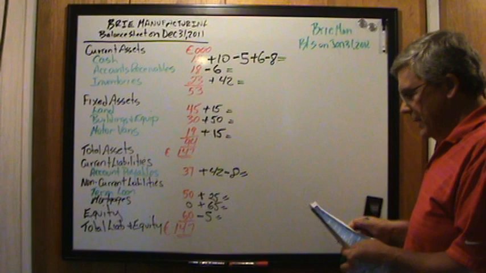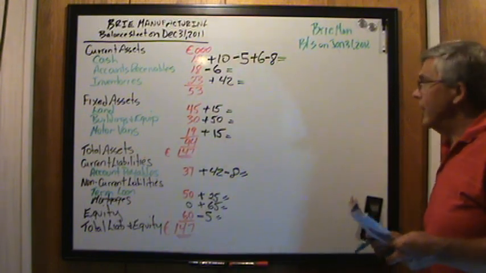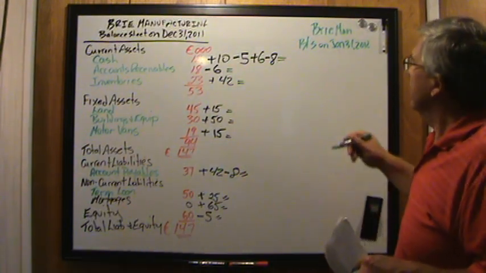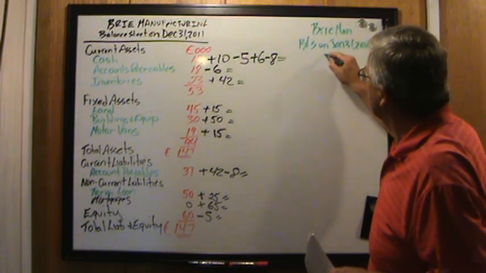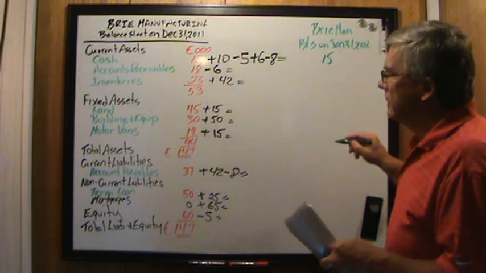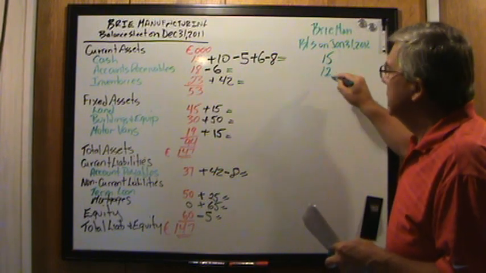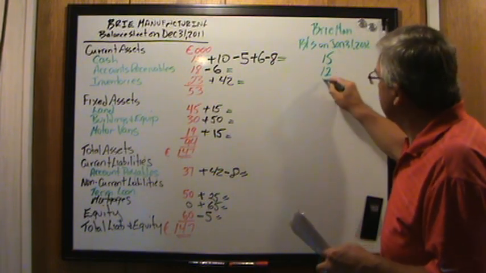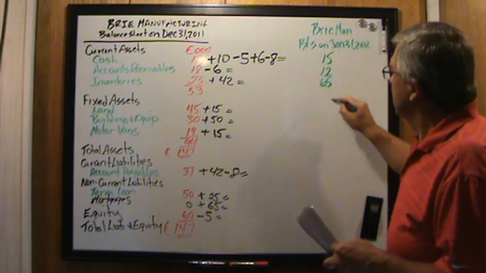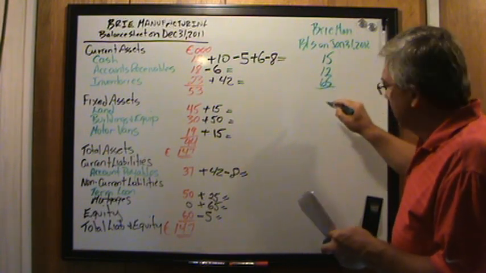In this case, if we add this all across, we'll have cash of 15,000. We have accounts receivables of 12. Inventories equal 65,000 for a total on current assets of 92.